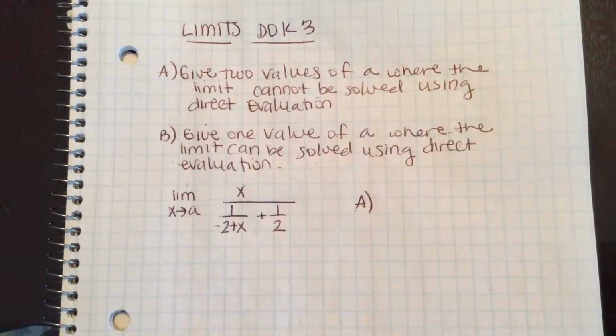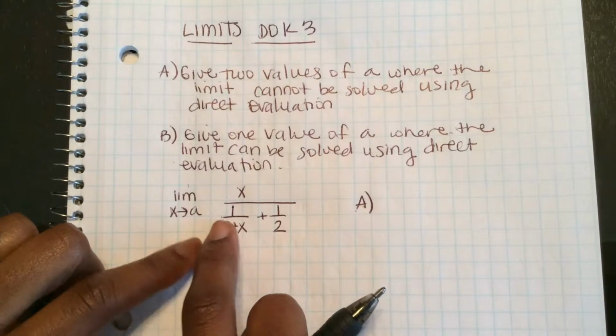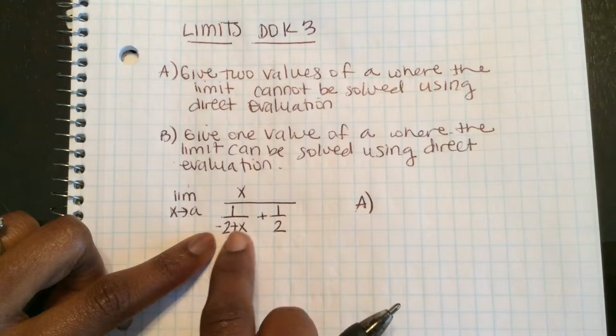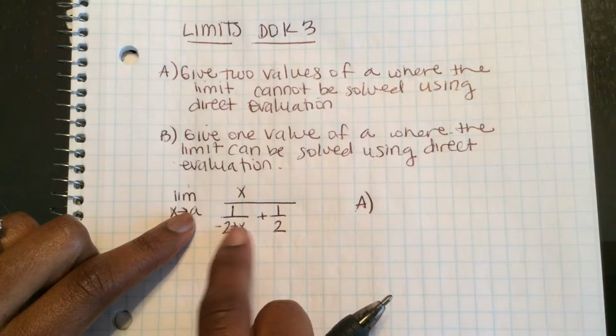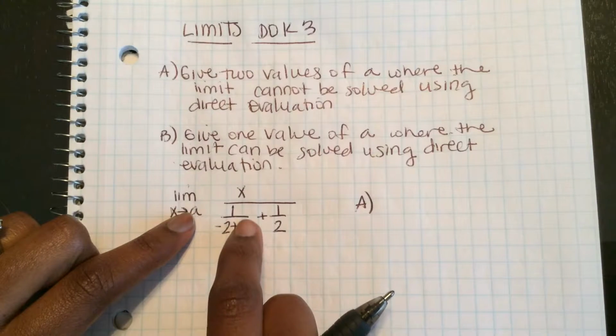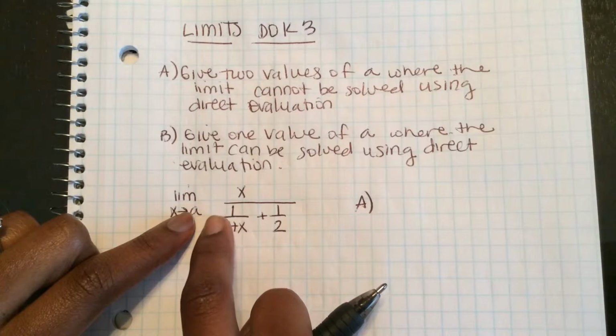So remember, denominators cannot be equal to 0. So I know that if I plugged in a number here that would make this denominator equal to 0, it would make this an unsolvable limit.